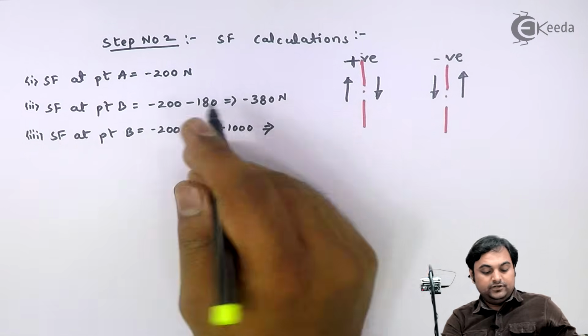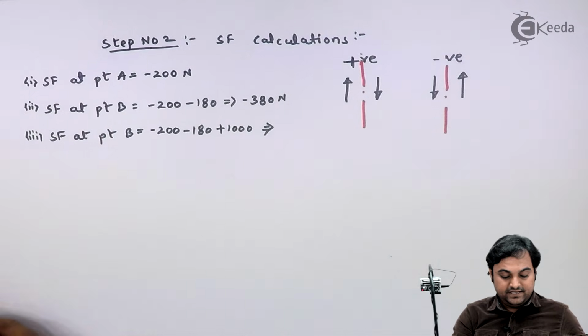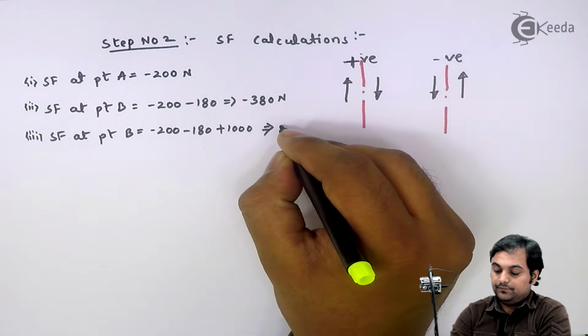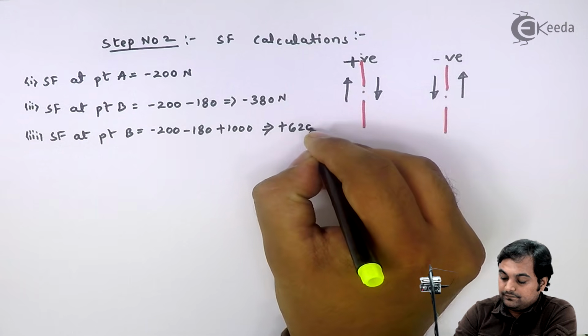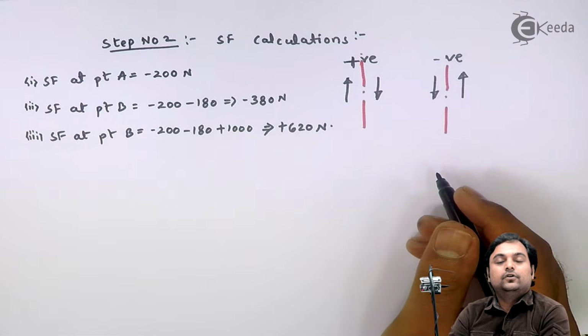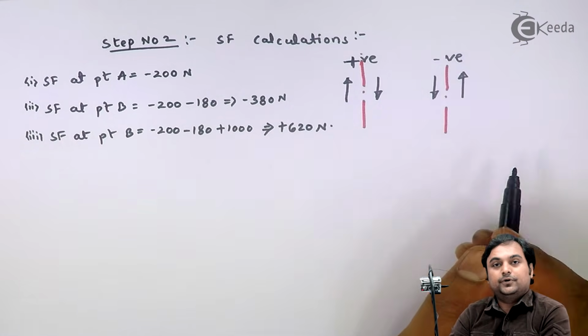So, if I calculate this, I will be getting my answer as 620 Newton positive. So, I have calculated shear force at point B.